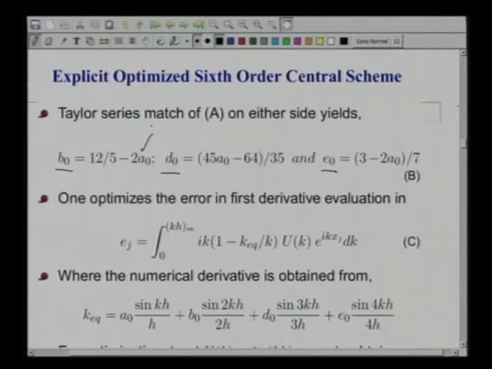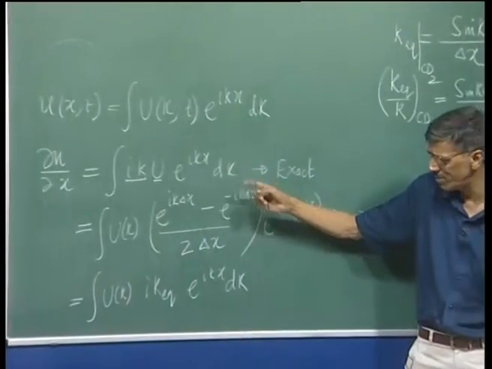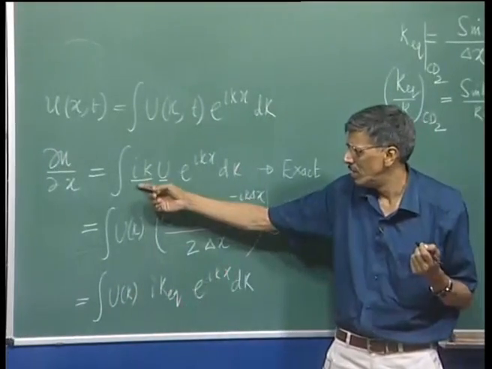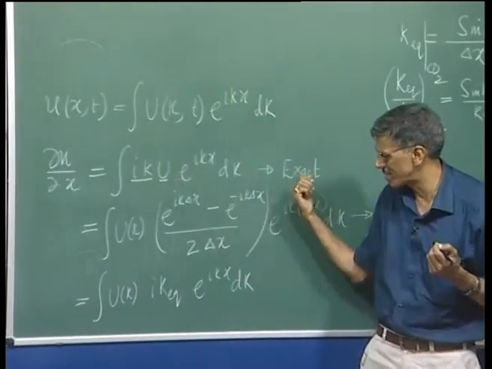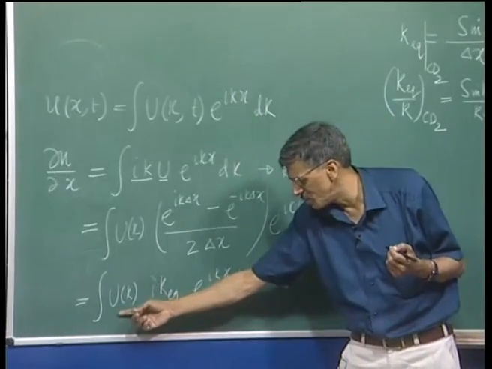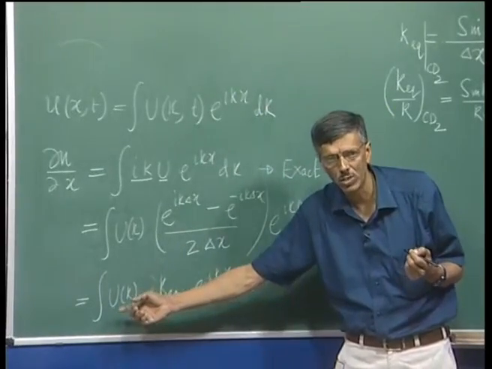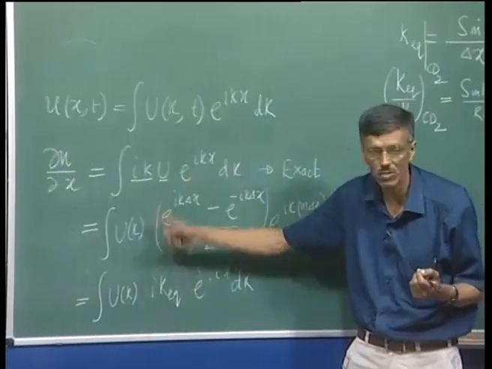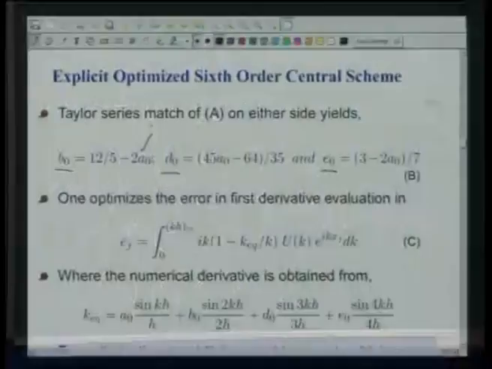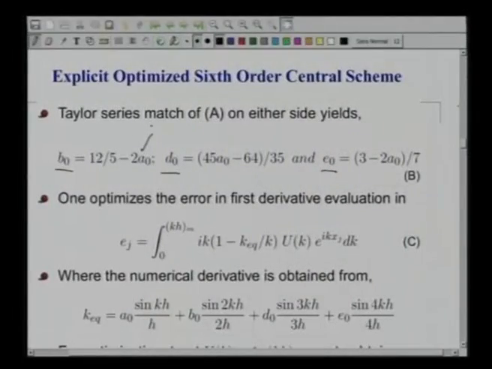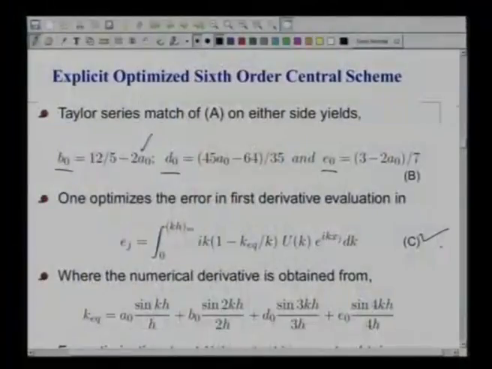Okay. Now, what we want to do is, as we have seen here, the first derivative is given in terms of i k u for the exact quantity, and for the numerical quantity it is i k equivalent u. So, the error would be the difference of the two, and that is what we have written in this equation C. If you look at equation C, that is the error, the difference between the exact and numerical estimate.